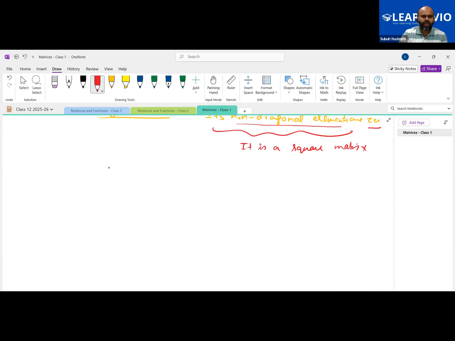So, for example, we can have a matrix A, which is 3 0 0, 0 minus 1 0, 0 0 root 2. So this is a diagonal matrix.